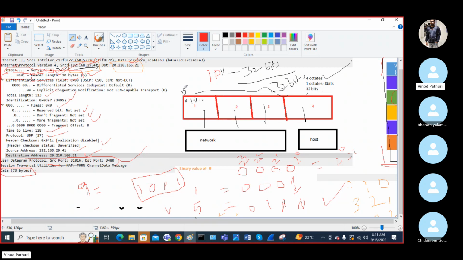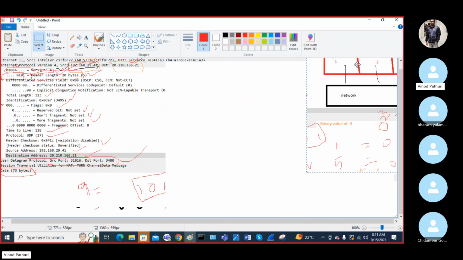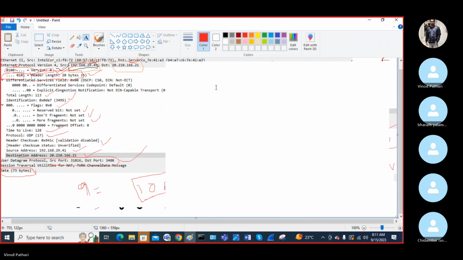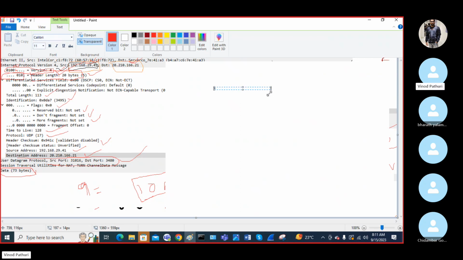Wherever you go, you will see IP addresses divided into 3 classes: class A, class B, and class C. Whatever IP addresses you see, mostly they will be from either class A, class B, or class C.